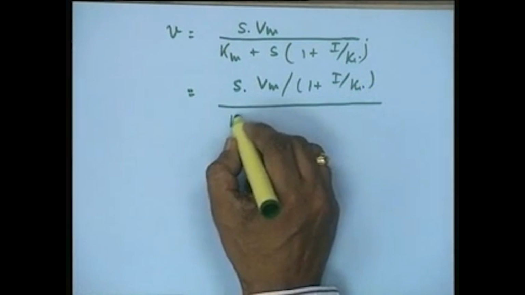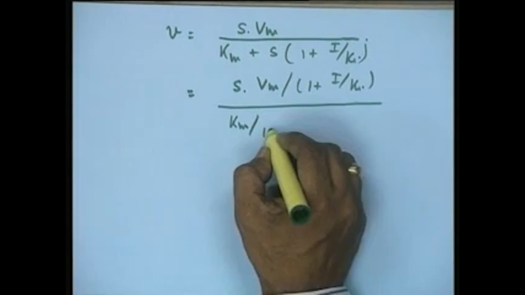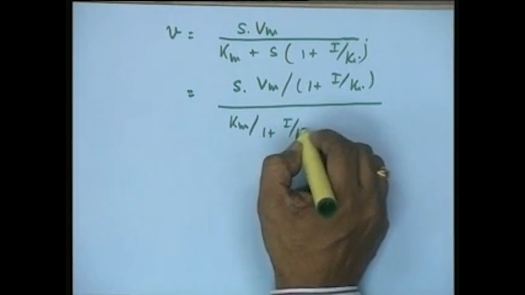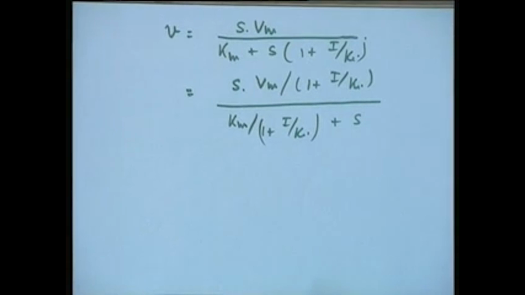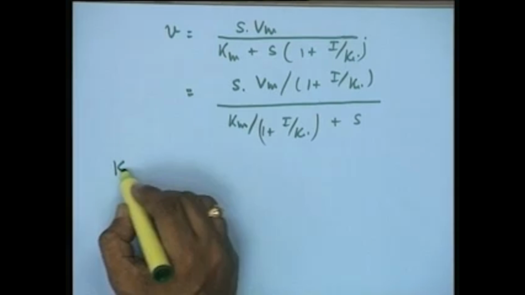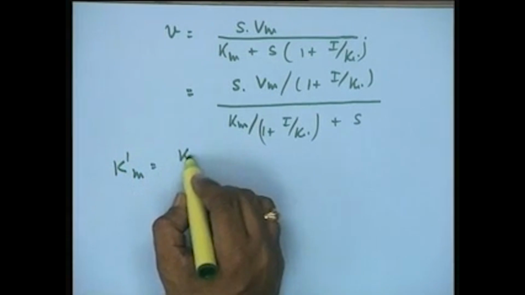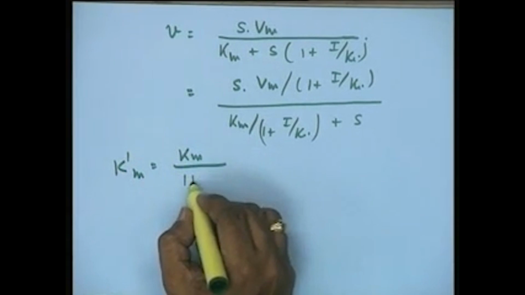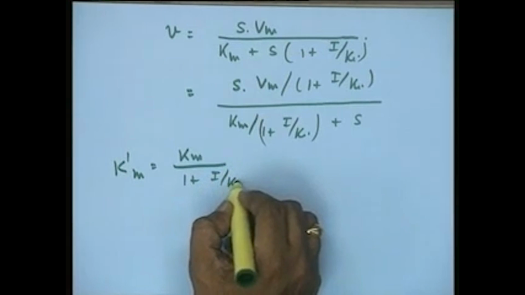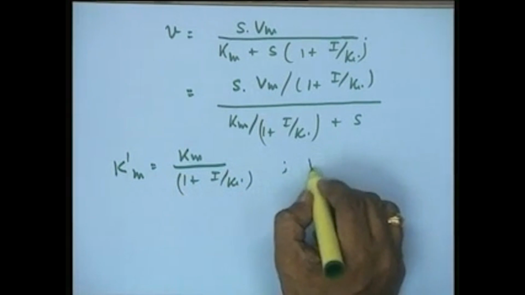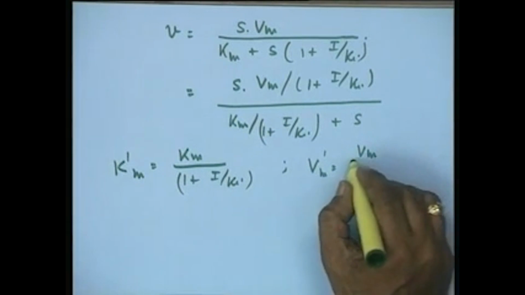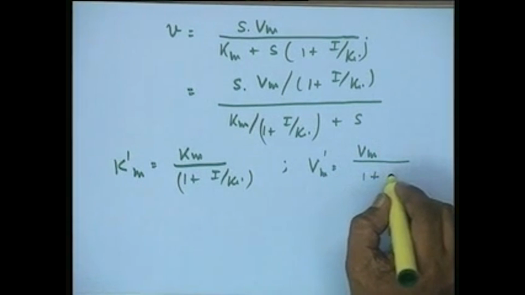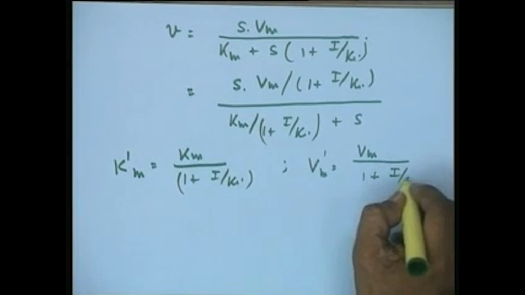You notice that for both Km as well as Vm, you have K dash m equal to Km upon 1 plus I over Ki, and V dash m equal to Vm upon 1 plus I over Ki.